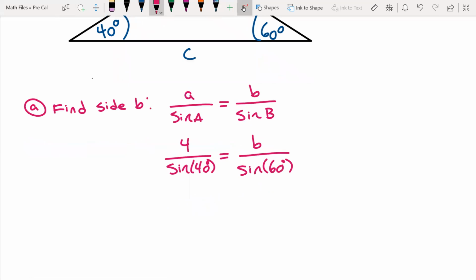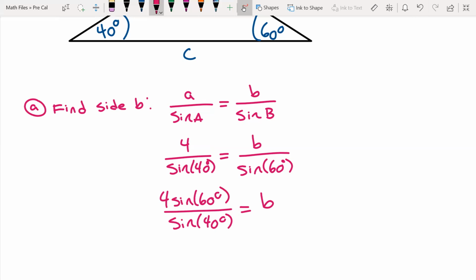Okay, so for this one, we just have to solve for B, which means you can cross multiply. Actually, we don't even have to cross multiply. All we have to do is multiply this sine to the left side. So that will become 4 sine of 60 over the sine of 40 equal to B. And make sure that your calculator is now in degrees.